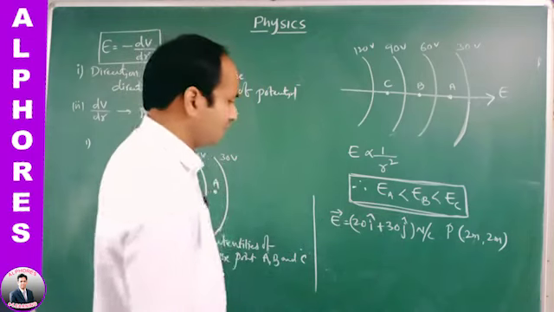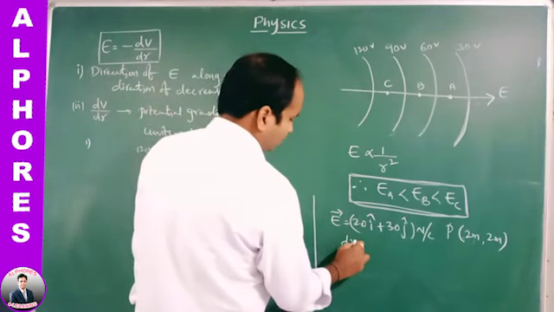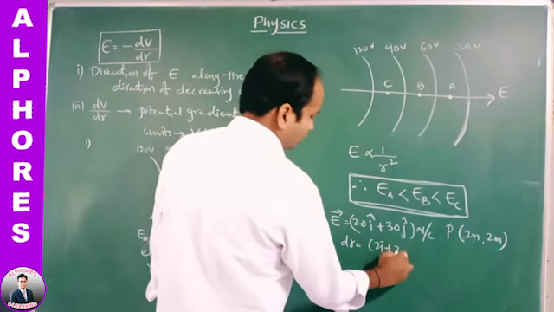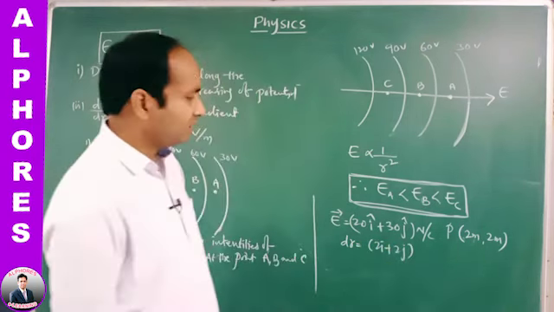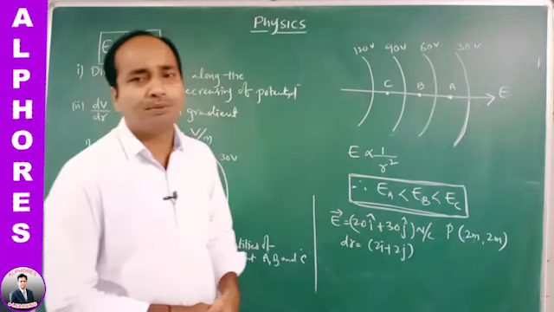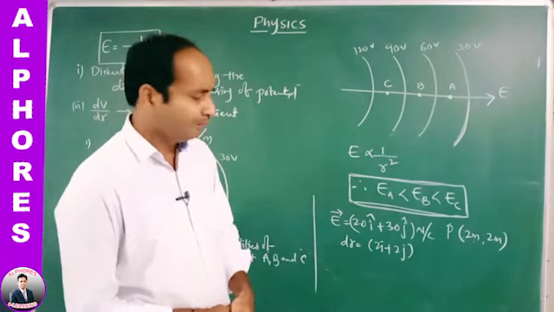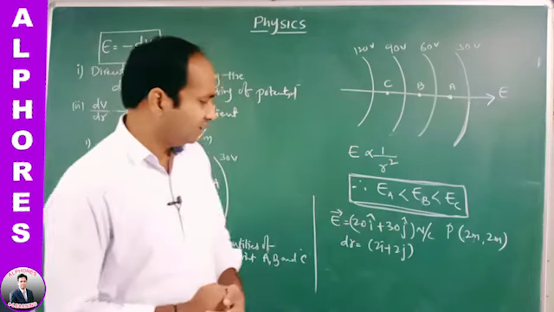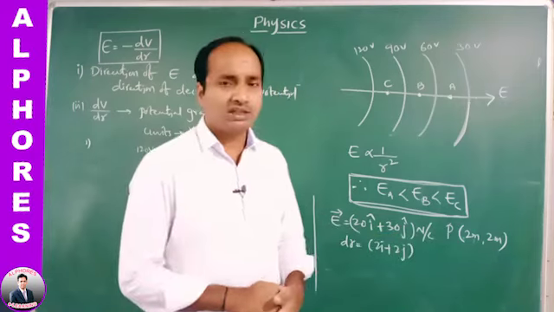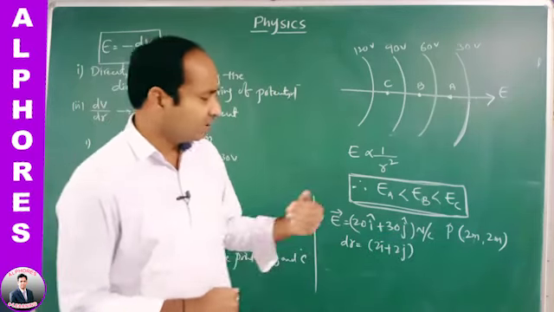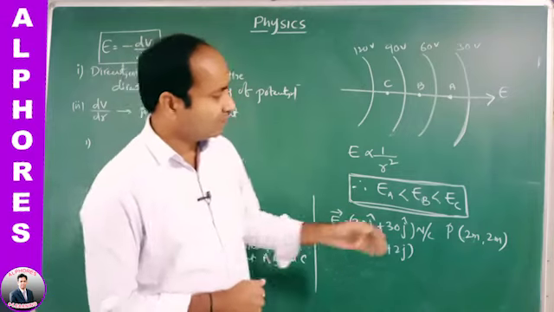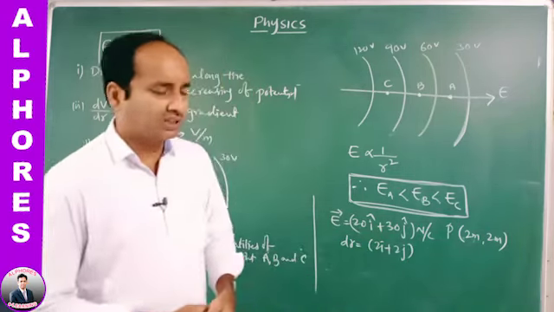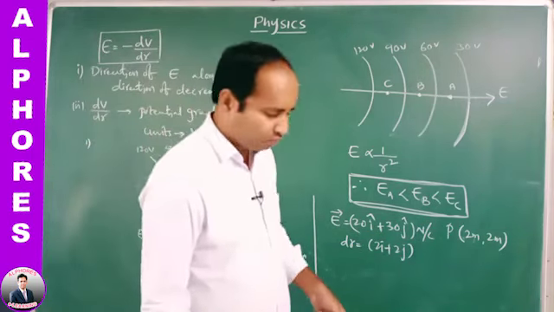Write it in vector form like this: dr is equal to 2i plus 2j. The point P also lies in the XY plane. E is given in vector form, E is equal to 20i plus 30j, and we need to find the potential at the point P, whose position vector we may write as 2i plus 2j.